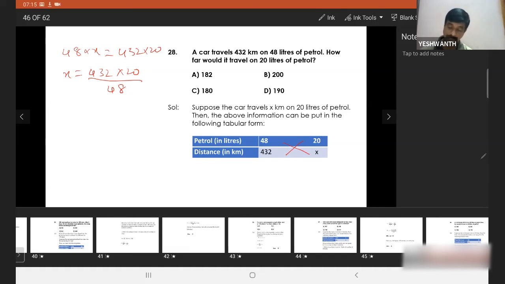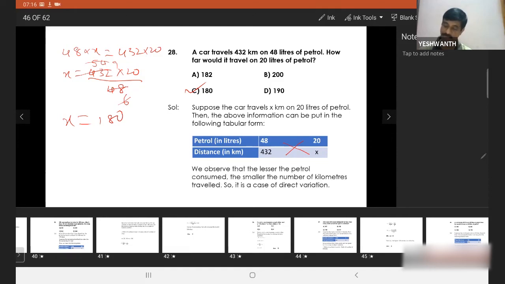If you divide it with 8, 8 6s are 48, 8 5s 40, 8 4s 32. So 6 9s 54. So 9 into 20 is 180. So option C you have. Please note it fast, quick.